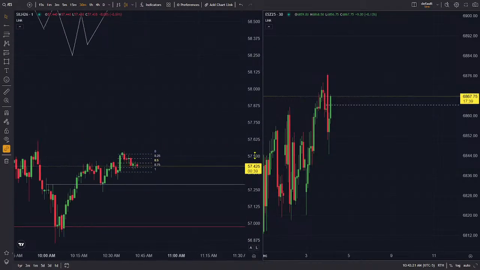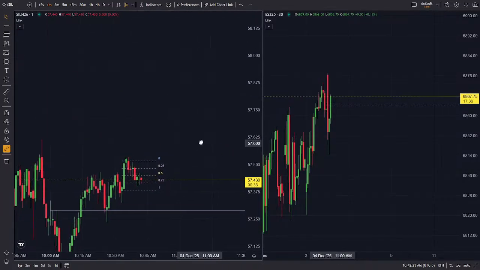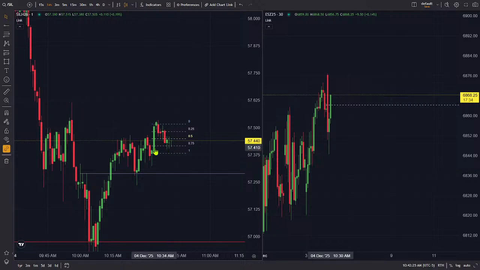See how silver's doing. So it would have filled me there with these. It painted this wall. That fair value gap is pretty much closed in now.